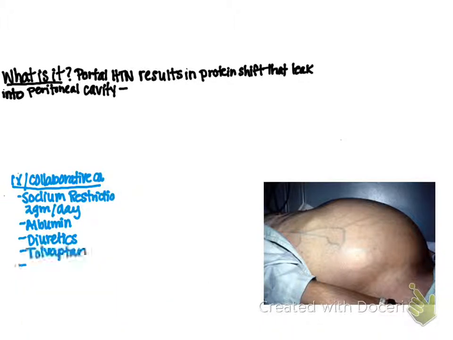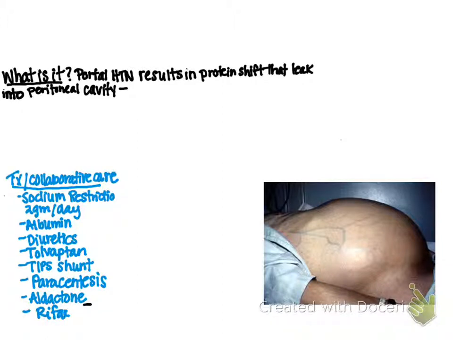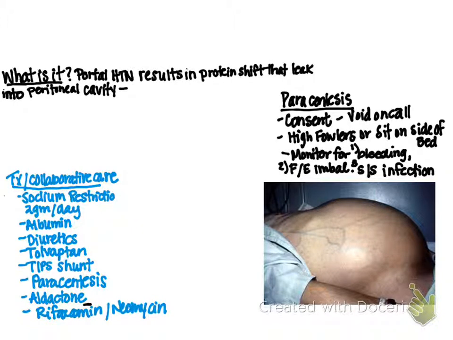And as far as treatment, you're going to make sure you expect the doctor to order, for someone with ascites, a sodium restriction, 2 grams sodium diet a day. They might give them albumin, diuretics, tolvaptan, TIPS shunt.